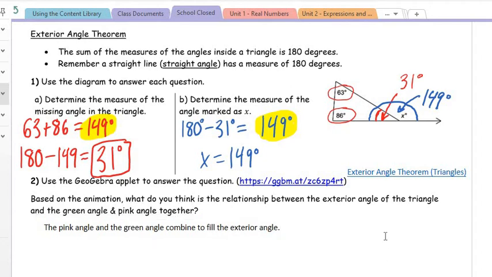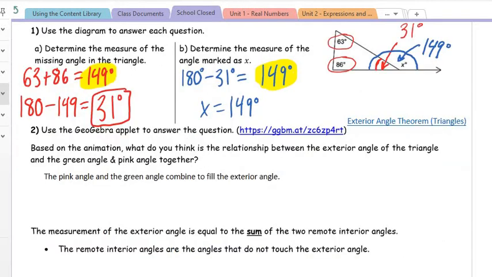Now let's get into what the exterior angle theorem actually means and how we can use it to answer these questions. To use the exterior angle theorem, the important thing is that the measure of the exterior angle is equal to the sum of the two remote interior angles. Remote interior angles are the angles that do not touch the exterior angle.